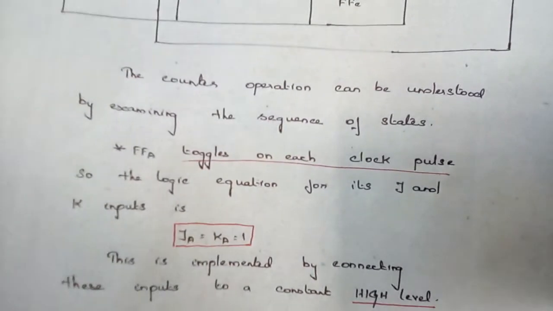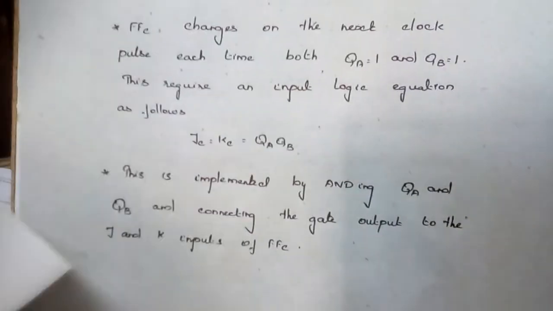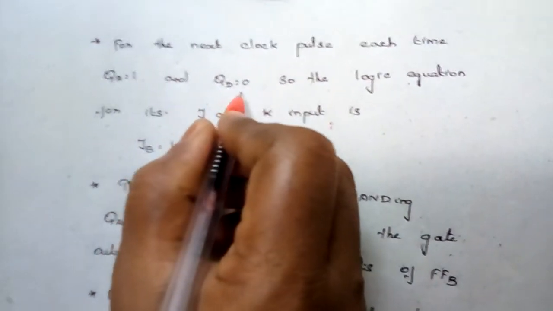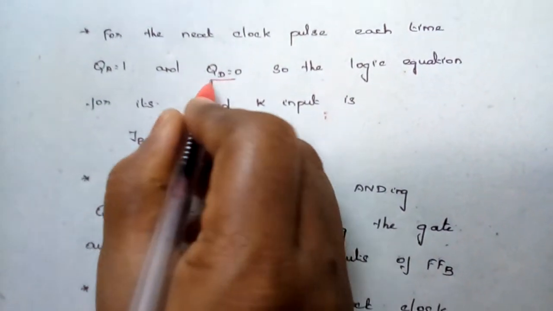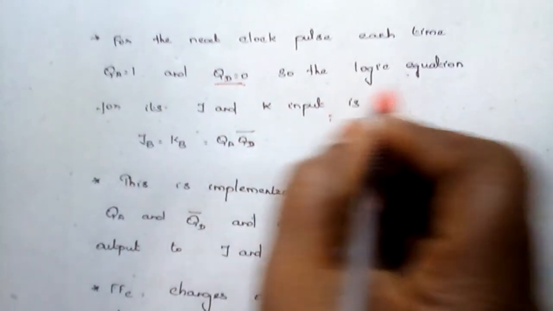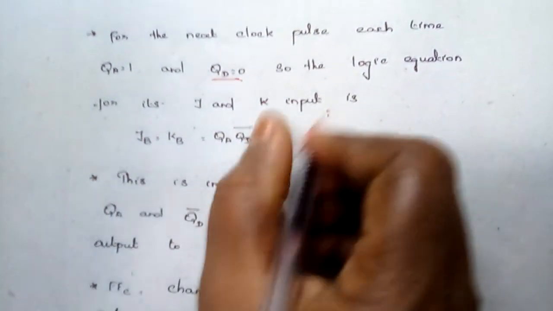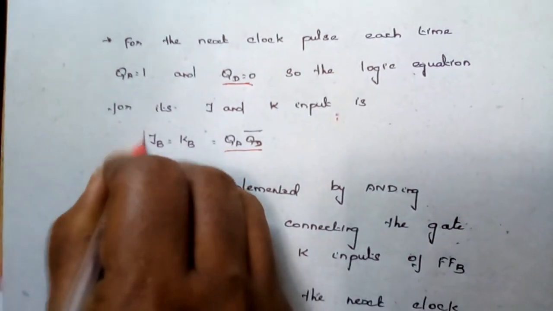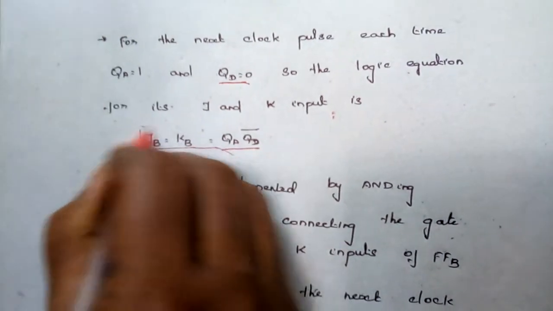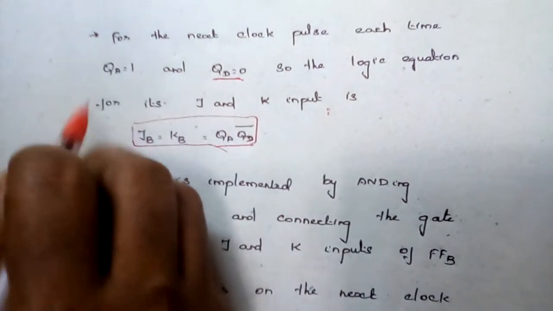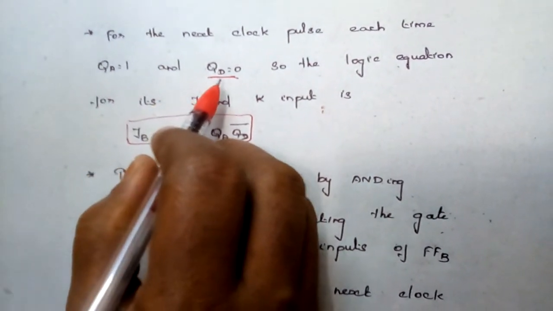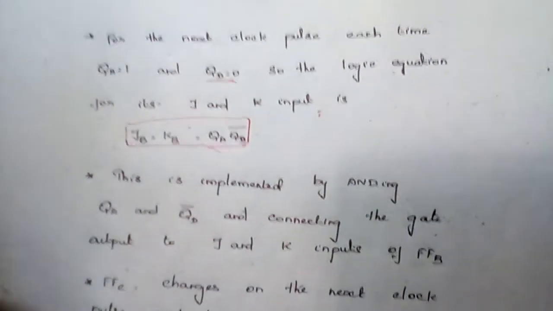Next, for the next clock pulse, each time when QA = 1 and QD = 0, where QD is the output of the fourth flip-flop, the logic for the J and K inputs of the second flip-flop B will be JB = KB = QA · QD bar. That means the input for flip-flop B is QA = 1, high, and the output from the last flip-flop is 0.